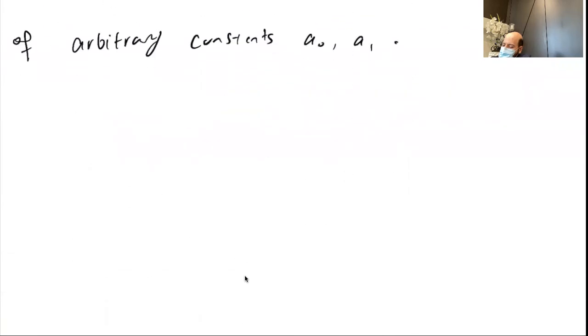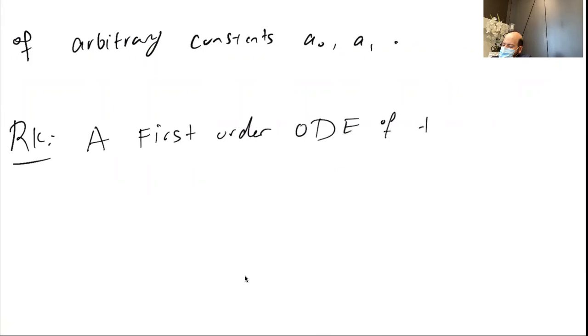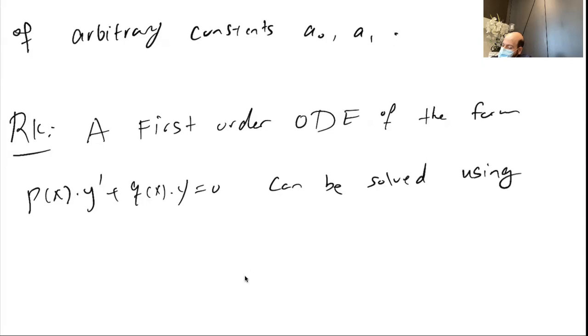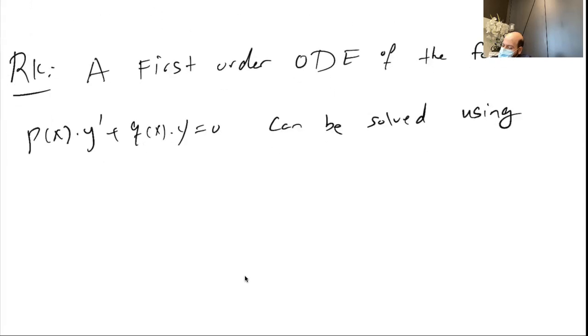So let me give you as a remark that a first order ODE of the form P of x times y prime plus Q of x times y equals 0 can be solved using a power series method.